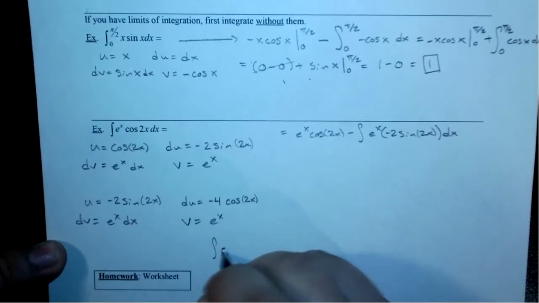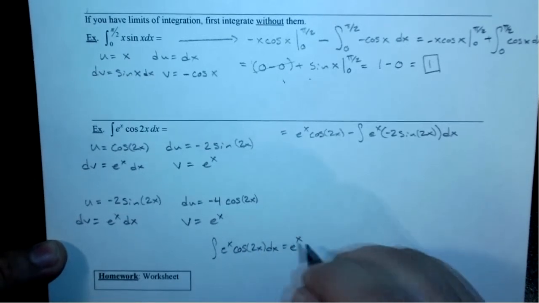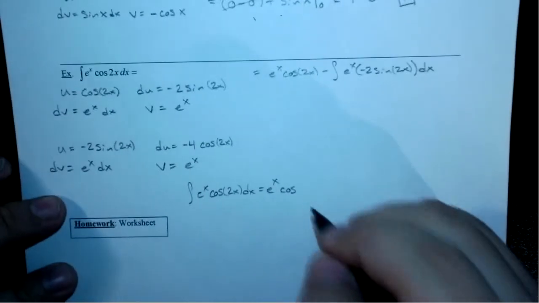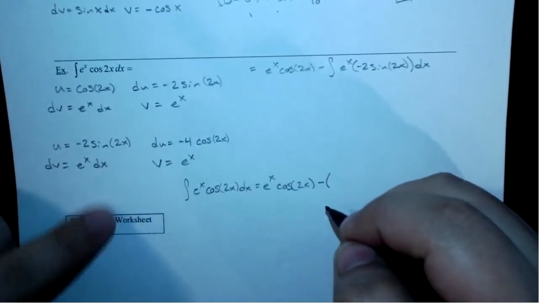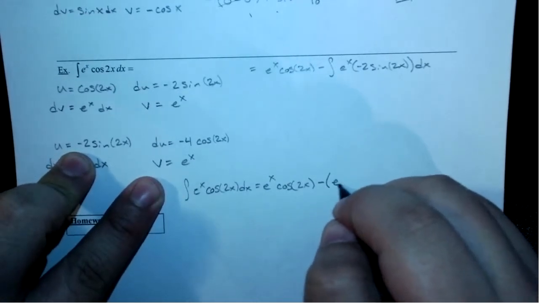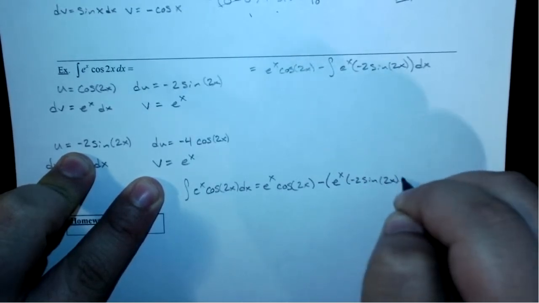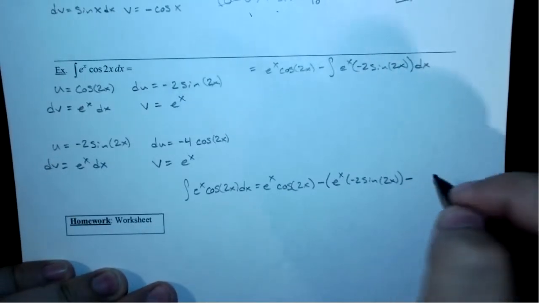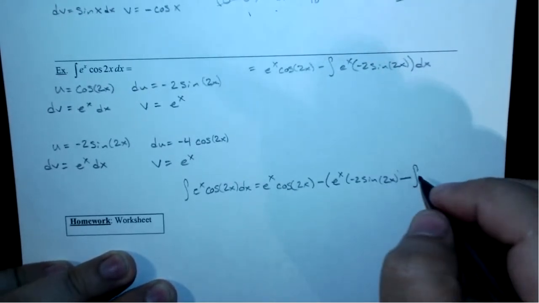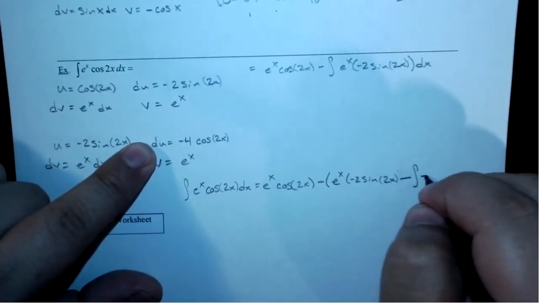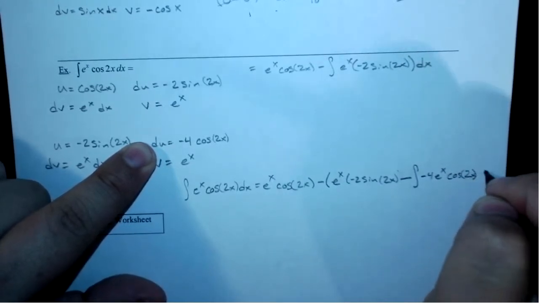So the integral of e to the x cosine of 2x dx is equal to e to the x cosine of 2x minus uv, which is e to the x times negative 2 sine of 2x, minus the integral of v du, which would be negative 4 e to the x cosine of 2x dx.